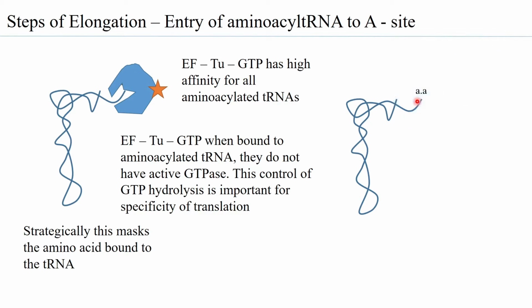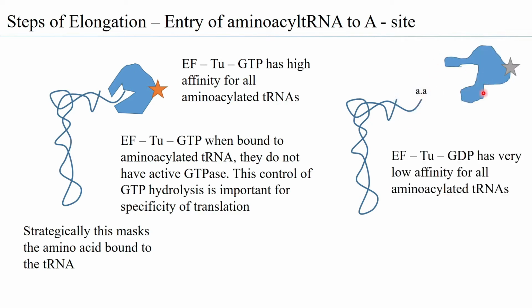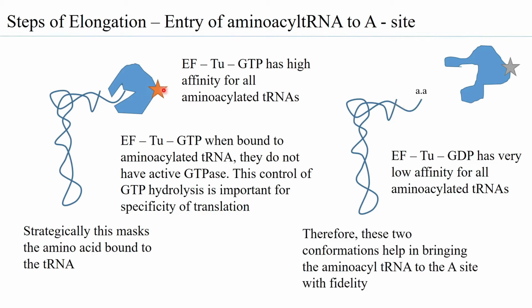That conformational change has a low affinity for binding to the charged tRNA, and therefore EF-GDP will leave the charged tRNA. So in the form of EF-GTP, it can bind to the charged tRNA at the 3' end, but in the form of EF-GDP, it cannot bind to the acylated 3' end of the tRNA.